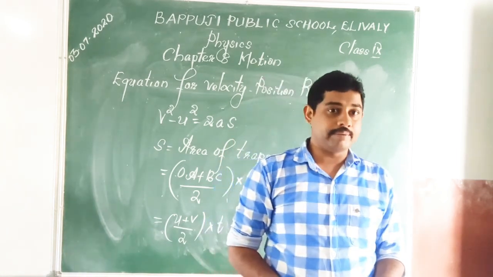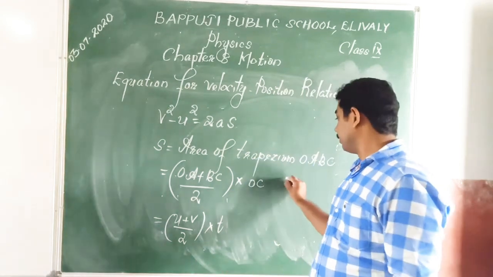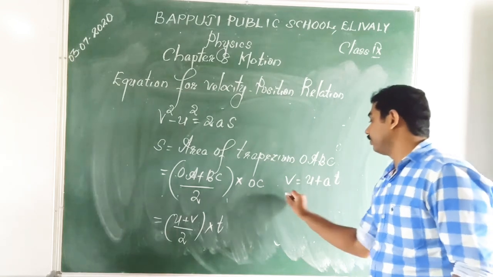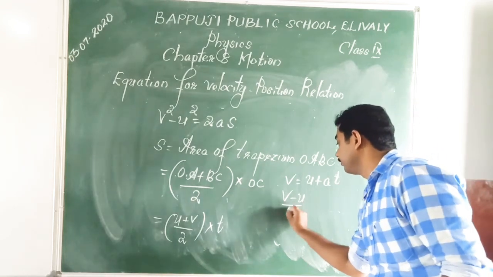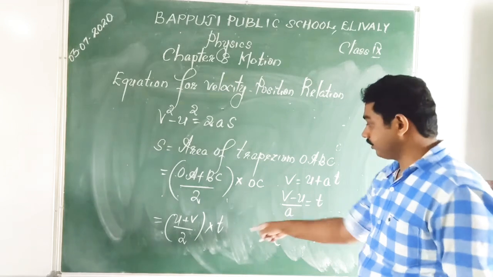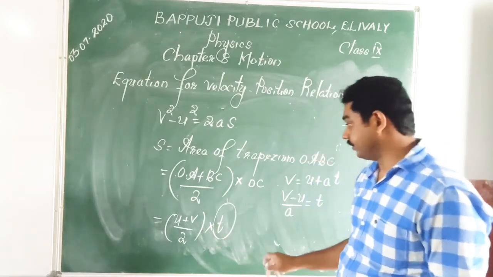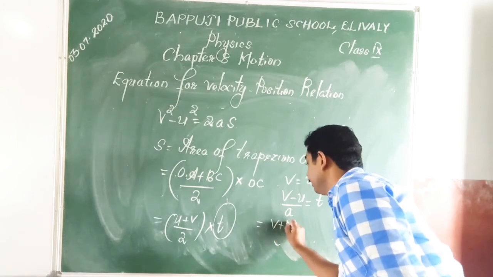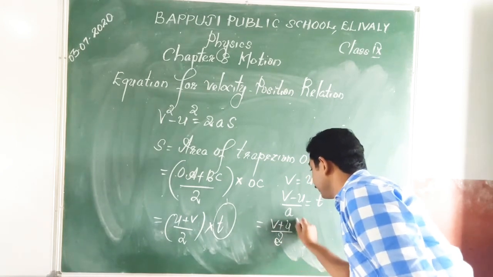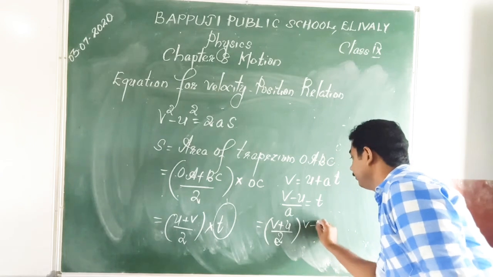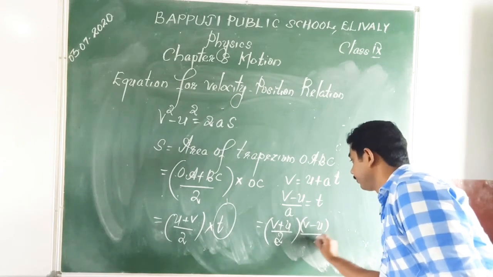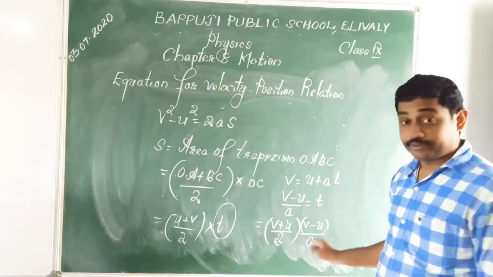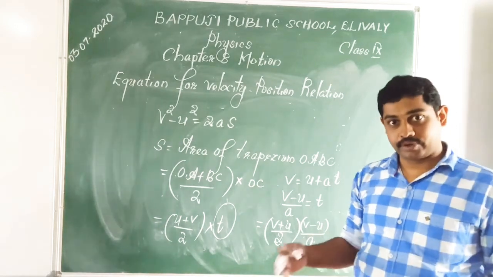From the velocity time relation we have studied V is equal to U plus AT. So V minus U divided by A is equal to T. Instead of T, we can substitute. V plus U divided by 2 into V minus U divided by A. We have studied a plus b into a minus b is a square minus b square.